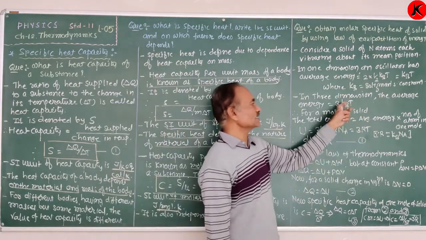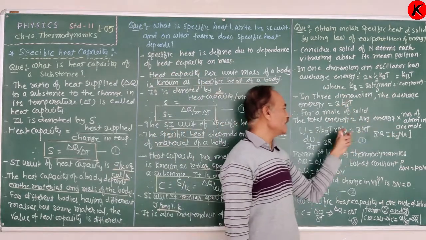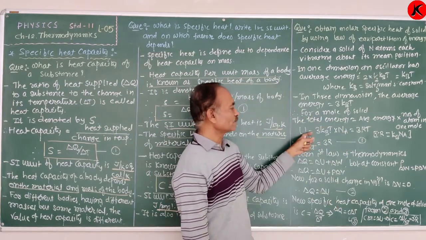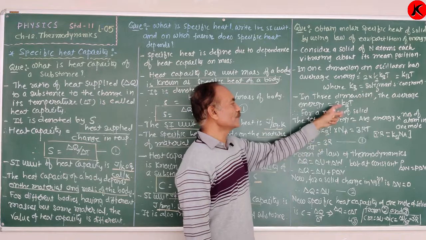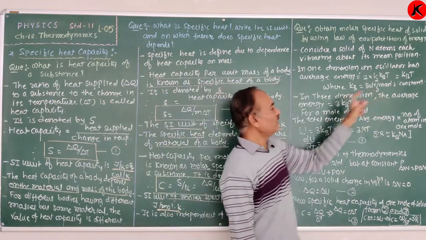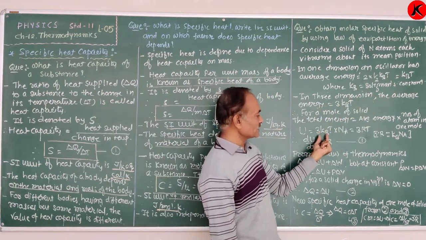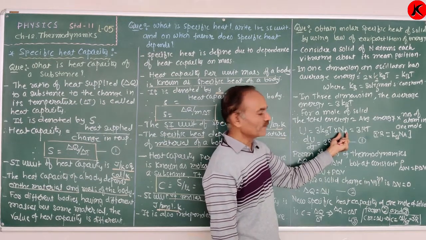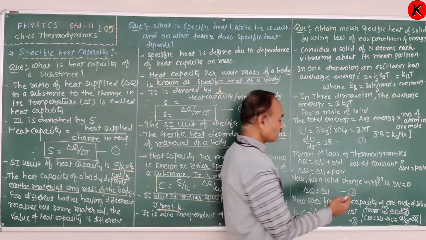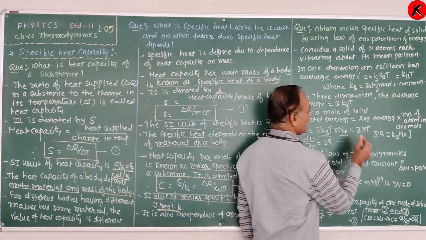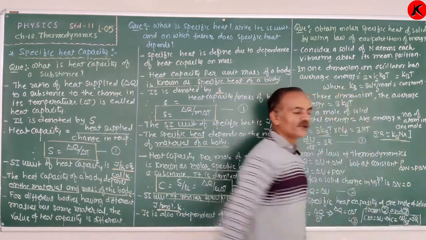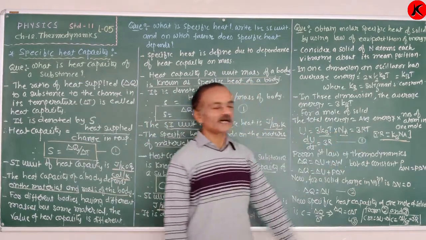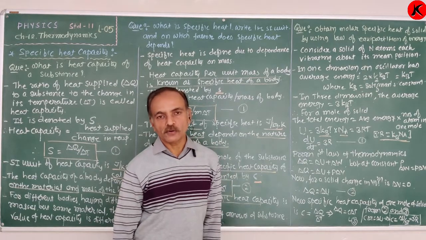Therefore, for 1 mole of solid, the total energy U is equal to 3 kBT into NA. But we know that kB into NA is equal to the universal gas constant R. Therefore, U is equal to 3RT.